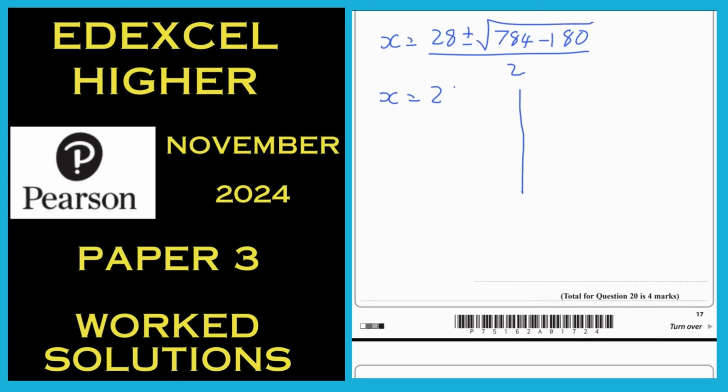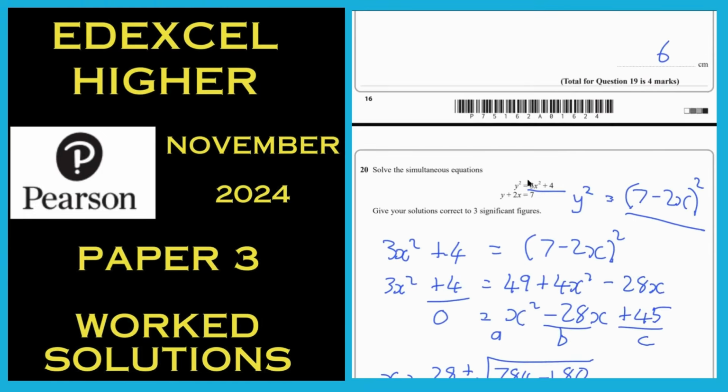I get 26.2882, and when you do the minus, I get 1.7117. Mark scheme worth a note. Sorry, the question does say 3 significant figures, so you should be maybe rounding that off to 26.3 and 1.71, but it's entirely up to you. I always do it at the end.